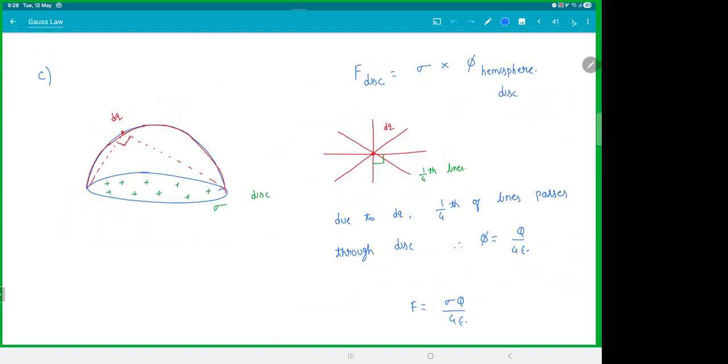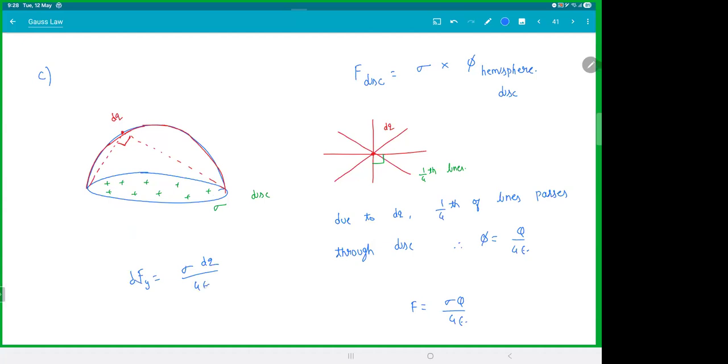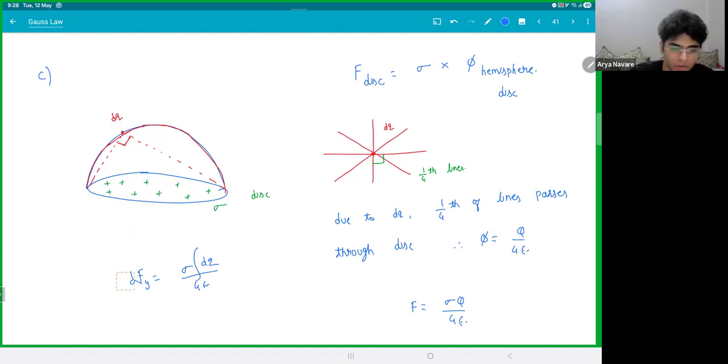Okay, so do this. This is the force between the point charge dq and the disk, in the vertical direction. And when you integrate it, won't you get the sum of all the forces? So the integral of dq will come. The force due to the small charge subtending 90 degrees will be sigma dq by 4 epsilon, agreed? Why does it become dq on integrating?